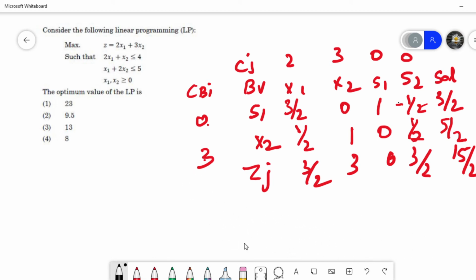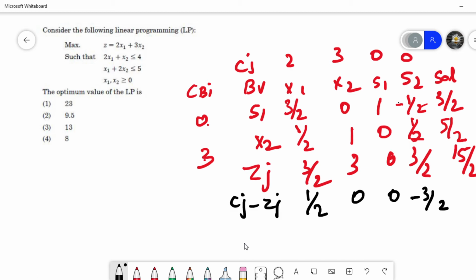So the next step is to calculate the value for Cj minus Zj. So 2 minus 3 by 2 means the value is 1 by 2. Next 3 minus 3 is 0. 0 minus 0. Next 0 minus 3 by 2. Okay.